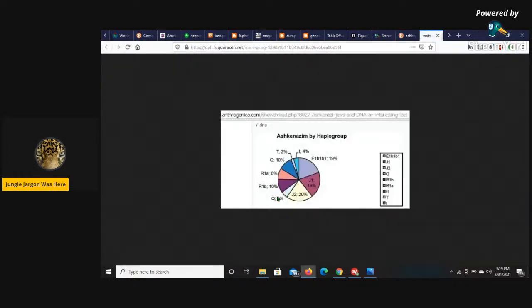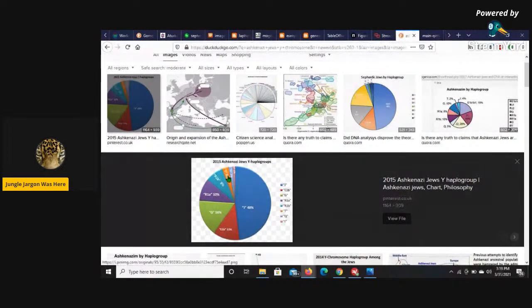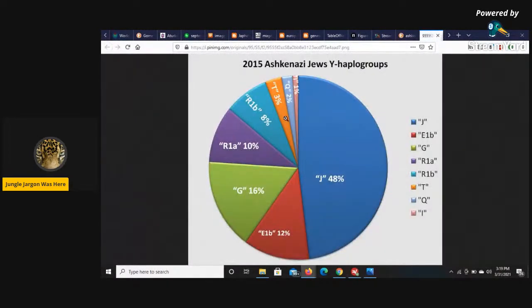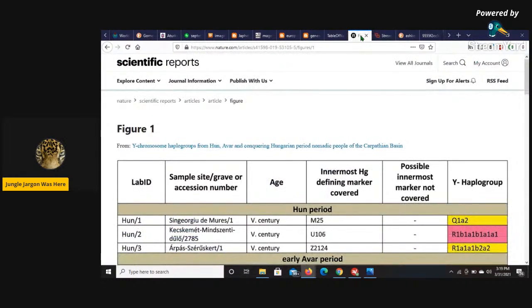The T, of course, is represented here, and it's represented here, the T and the Q. So one of those could be the T. Okay. Let me see if we have anybody here. Nobody's here yet? Oh, nobody's here. That's good. It's even better. Don't have to worry about it.